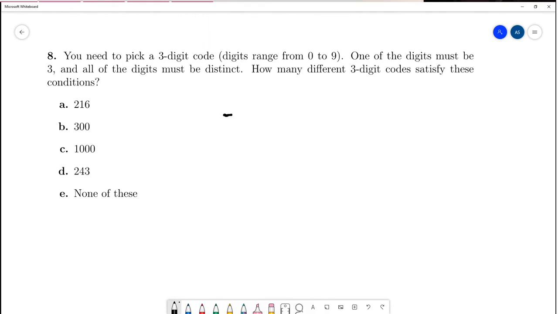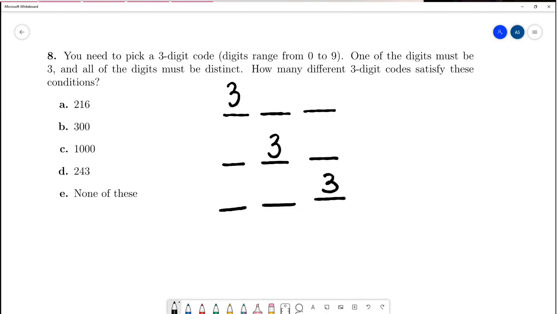So we have a 3-digit code, and for that 3-digit code, we know one of the digits must be a 3. So if we think about the 3 different options for that, the 3 could go in the first position, in the second position, or the third position. So if that 3 goes in the first position, I know that I have 9 other choices for the second position.